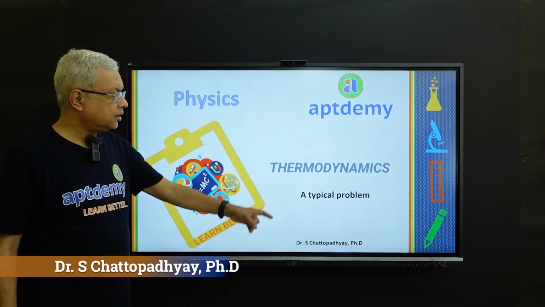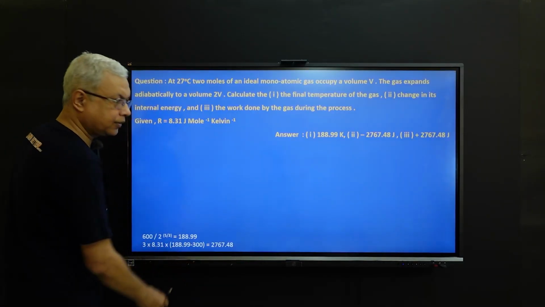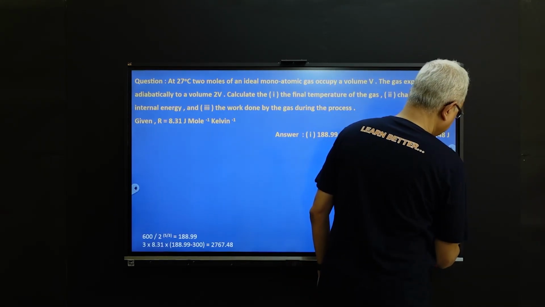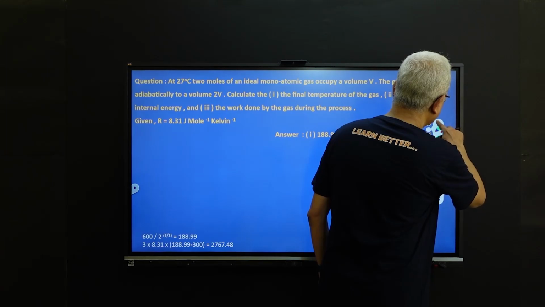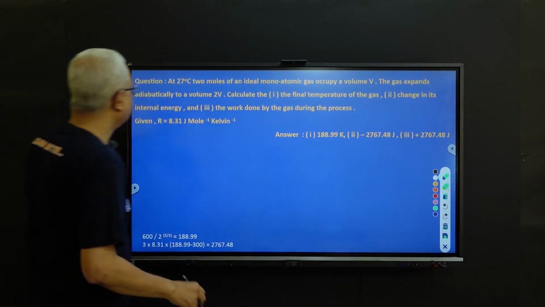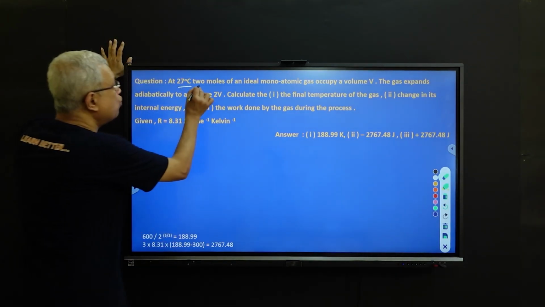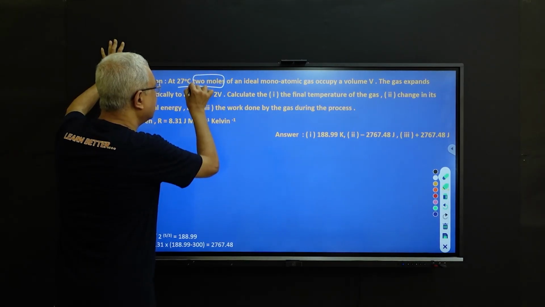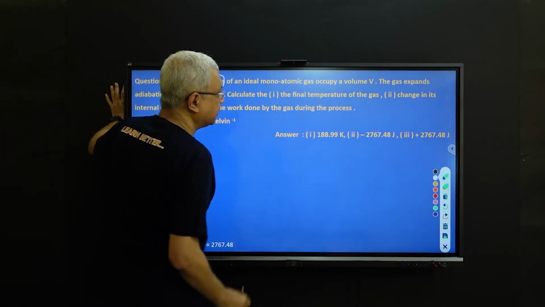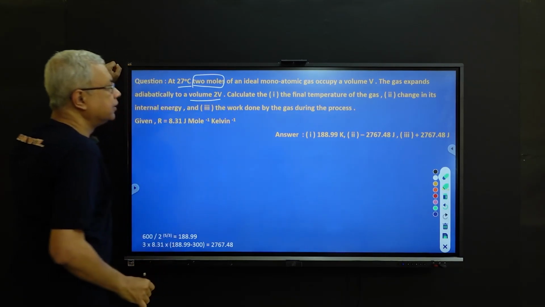Today we'll be considering a typical problem from thermodynamics. See what the statement of the problem is. At 27 degrees Celsius, 2 moles, be careful, 2 moles of an ideal monoatomic gas occupy a volume V. The gas expands adiabatically to a volume 2V.